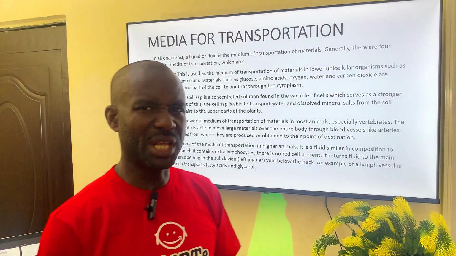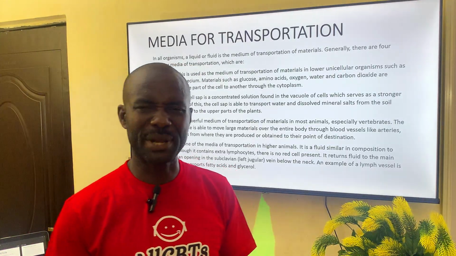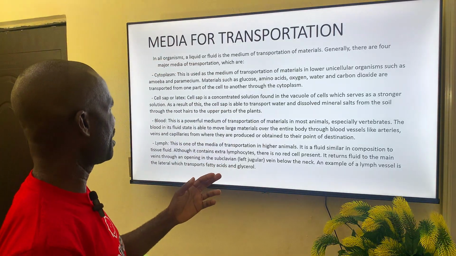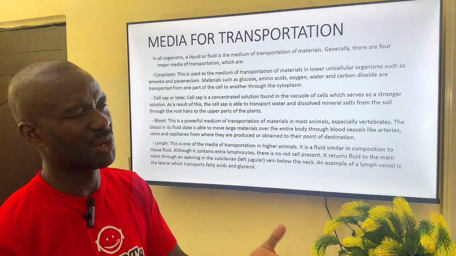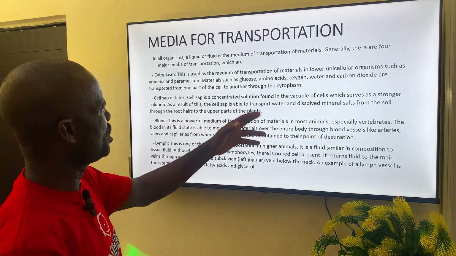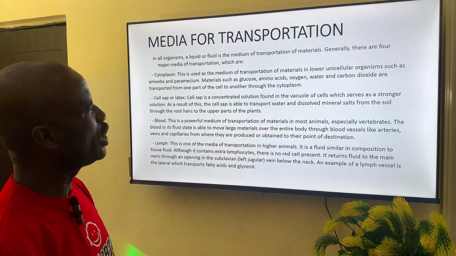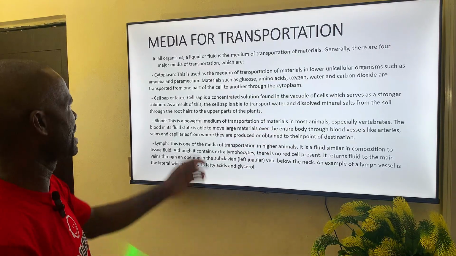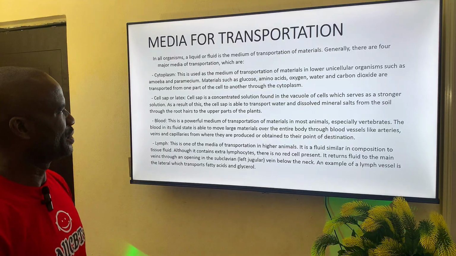Cytoplasm is the medium in which unicellular organisms carry out the movement of material. When we say unicellular organisms, we are looking at organisms like amoeba and paramecium. This is used as the medium of transportation of material in lower unicellular organisms such as amoeba and paramecium.